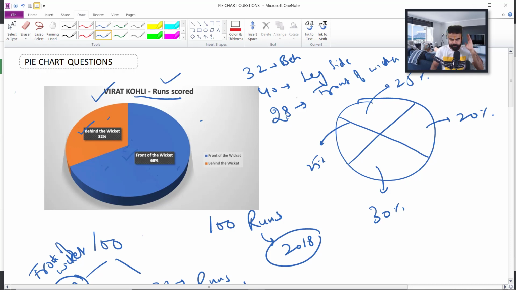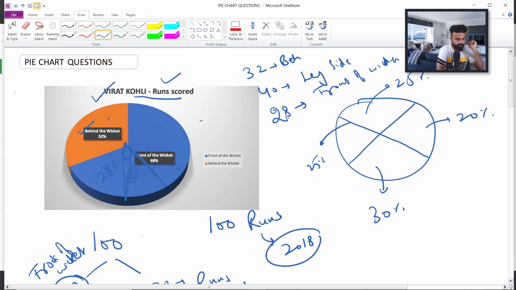Okay, so now that means how our pie chart is going to look. It's going to look something like this. So we will have 28% front of wicket and this segment 40%. No, it won't look like that. Yeah, I think it would look something like this.